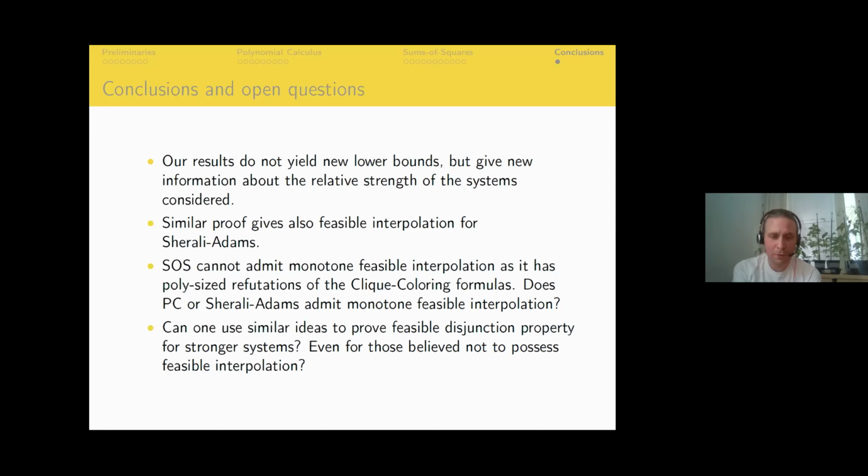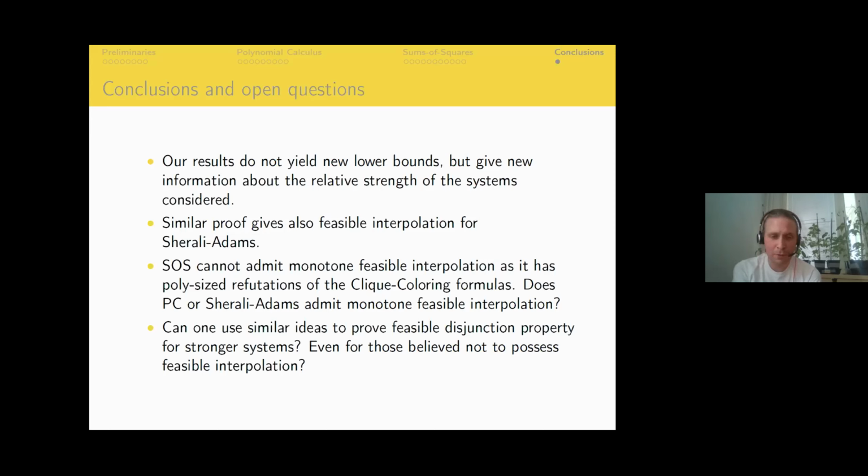Does somebody know what could be considered the strongest system? I don't know. So you don't have any idea of a stronger system, not necessarily extended Frege, to have feasible interpolation. No. So there are some candidates, but it's not very clear whether they are in between. They're believed to be in between. Block clauses in Boolean algebra, for instance. Okay, that was my question.